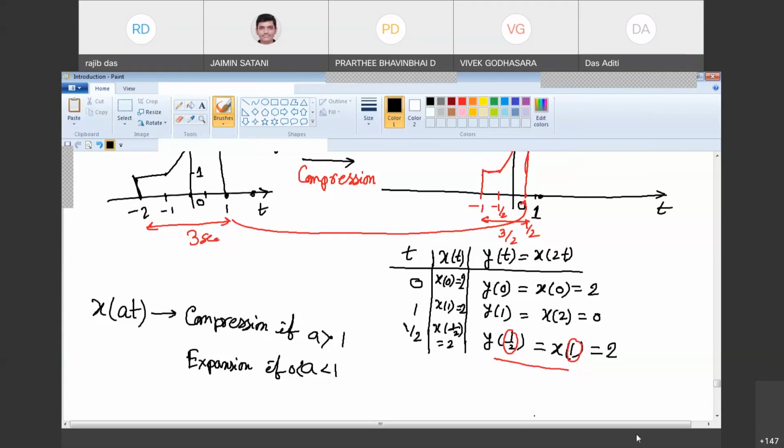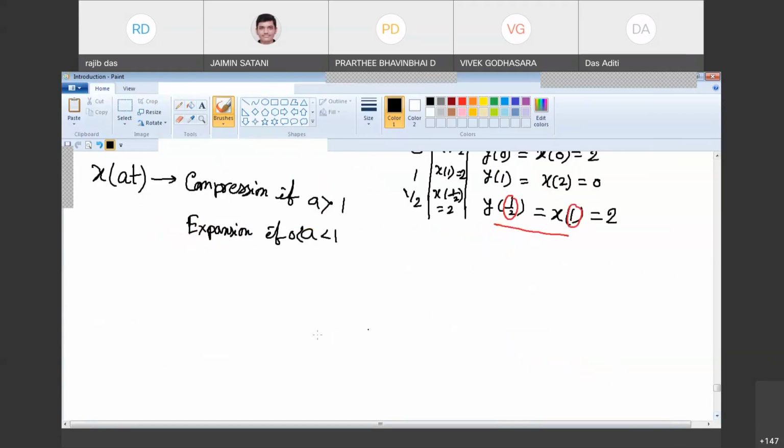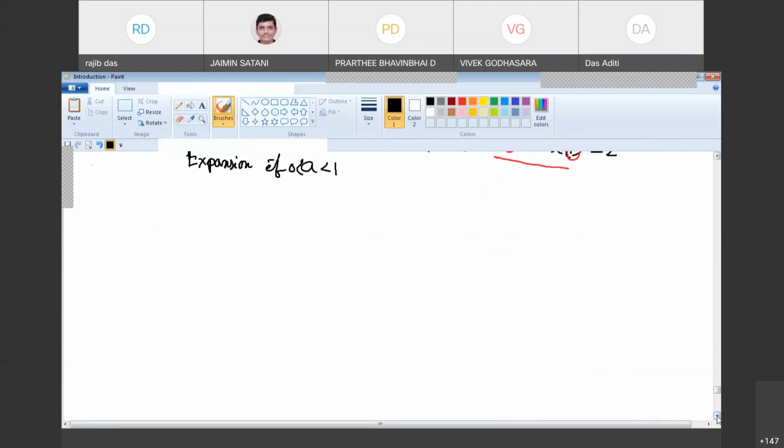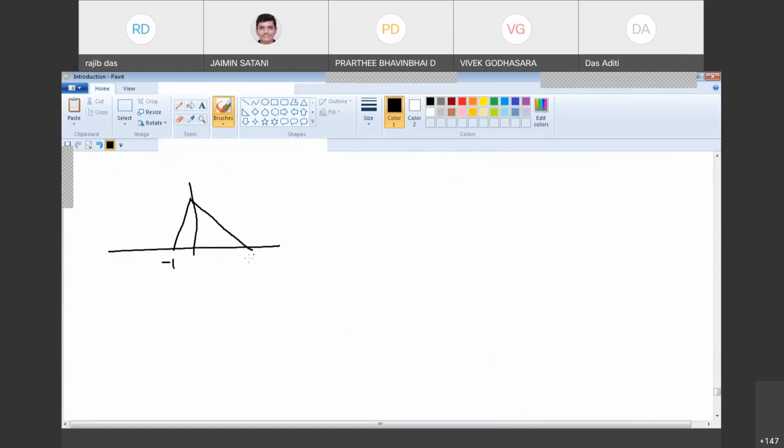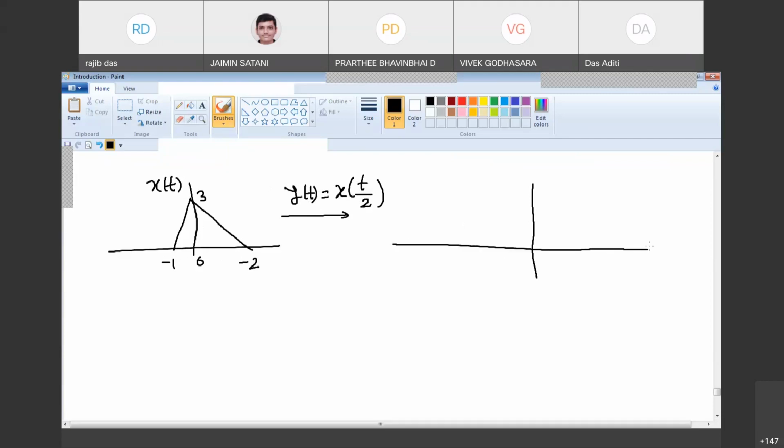Like, if we consider a signal like this. This is -1, this is -2, this is 0, and this is suppose 3. This is your x of t. Now if I want to compute y of t, which is nothing but x of t by 2, then we'll get expansion of the signal. The signal is expanded in the time axis.